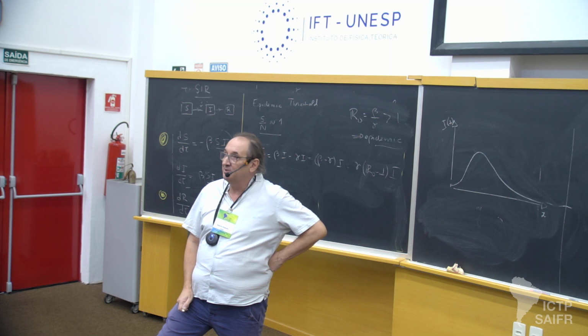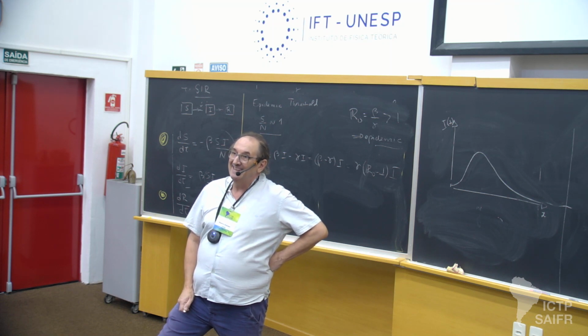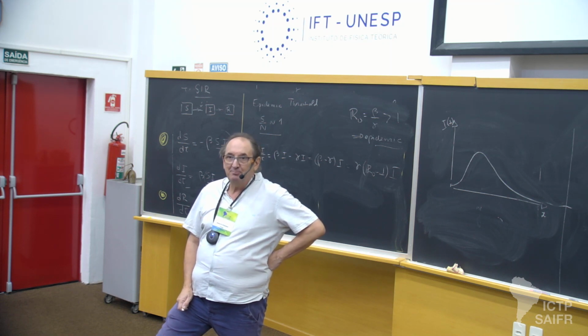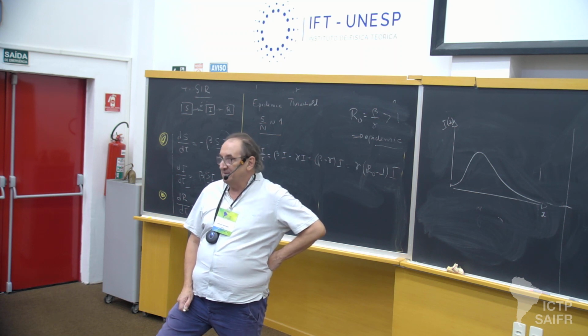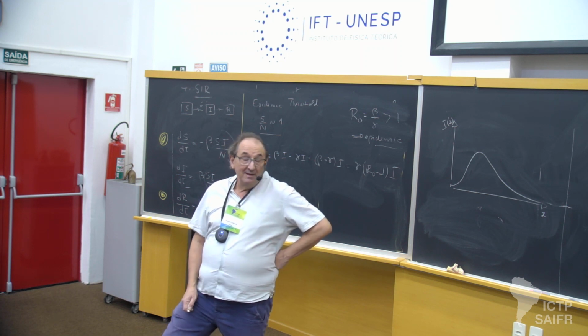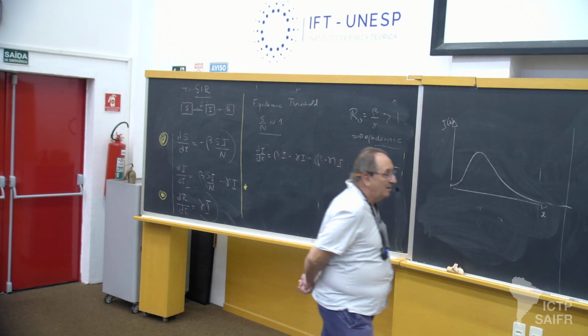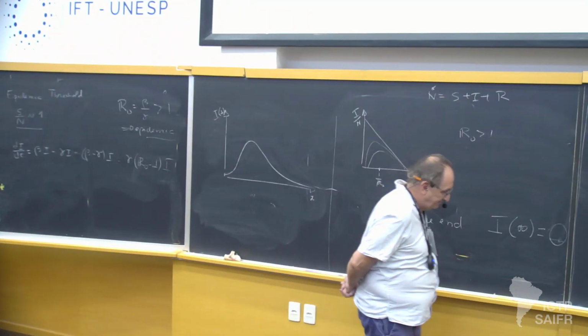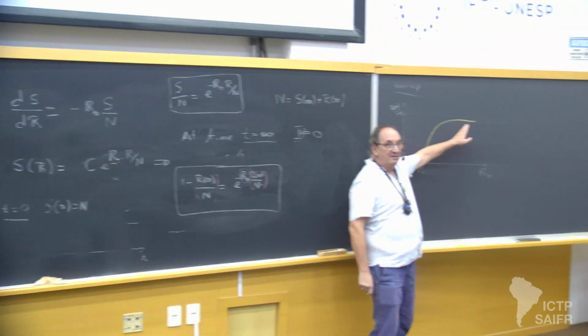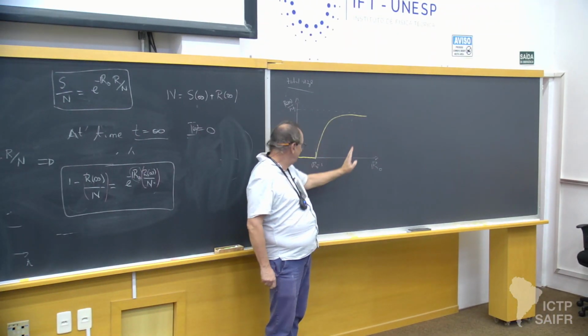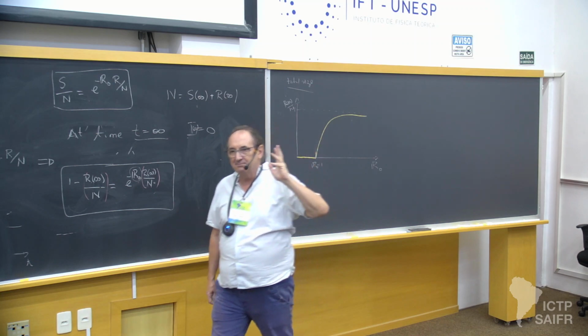For instance, R0 for COVID at the beginning, before we had variants, was about 2.5. R0 has no dimensions, it's a number. So 2.5 would mean a very high number of infected people. I can't remember now, but it's more than 80%.